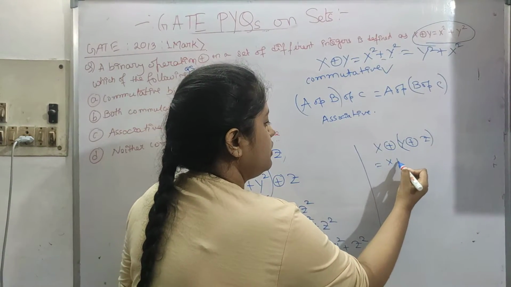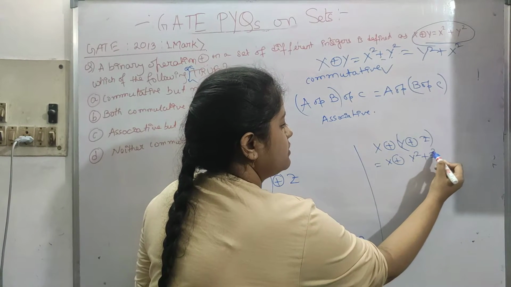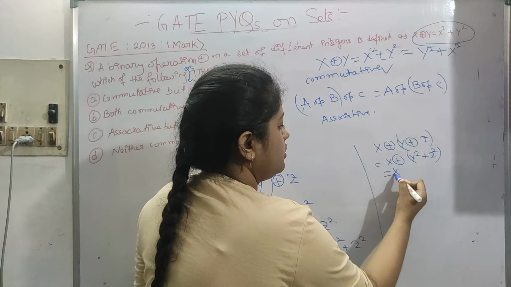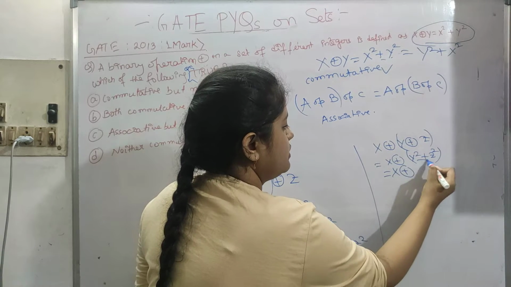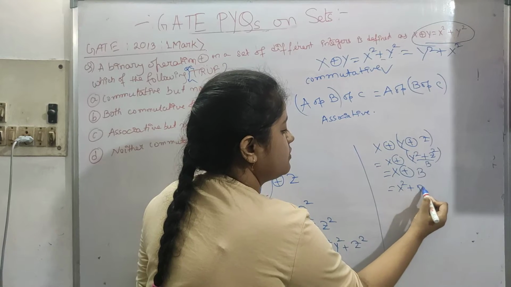Now for the second two operands it is y square plus z square. Let's say this is b, so x square plus b square.